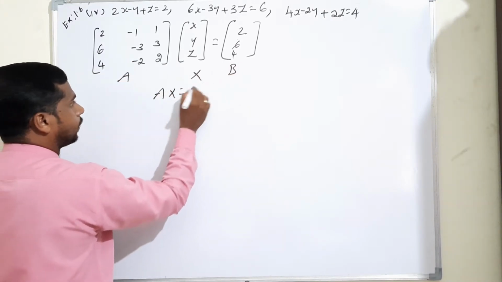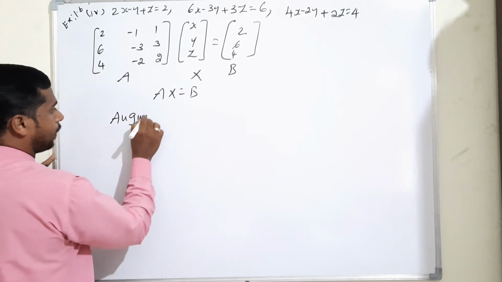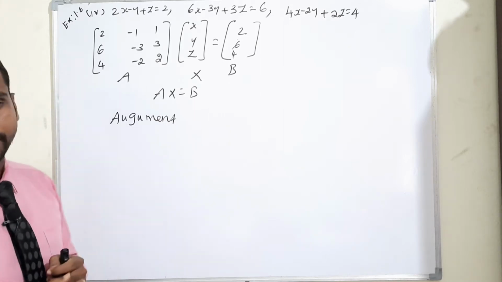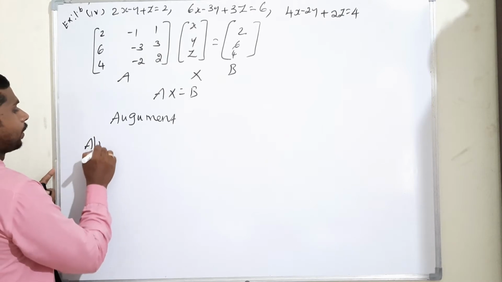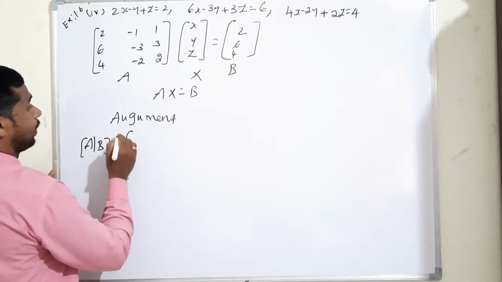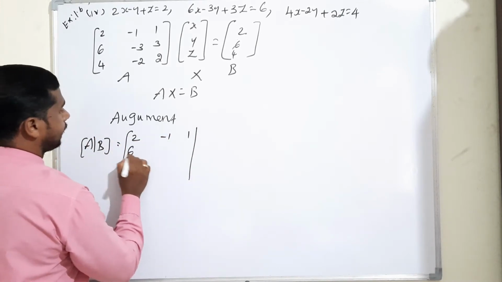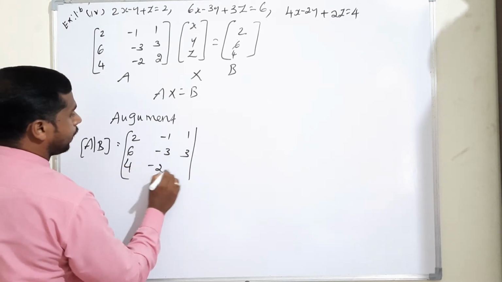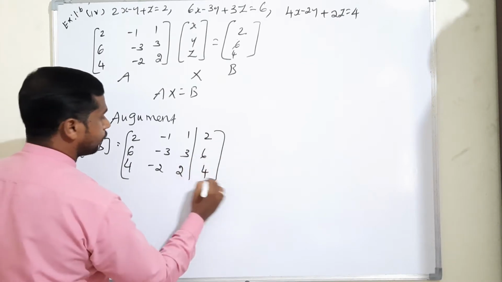So AX is equal to B, what is the meaning of A? Augmented matrix. What is the meaning of augmented matrix? To reduce to row echelon form. So to reduce to row echelon form, augmenting with B, what will happen? 2, minus 1, positive 1; 6, minus 3, positive 3; 4, minus 2, positive 2; with constants 2, 6 and 4.